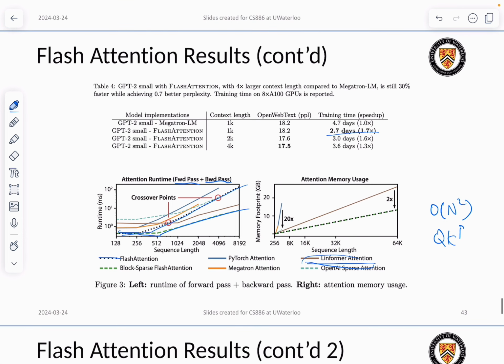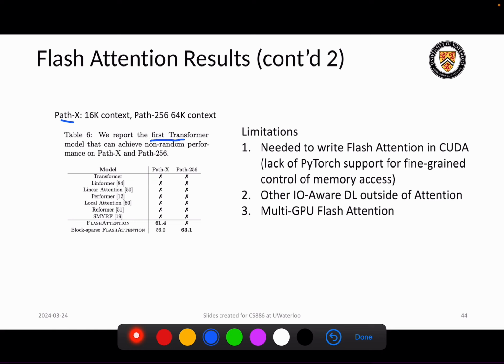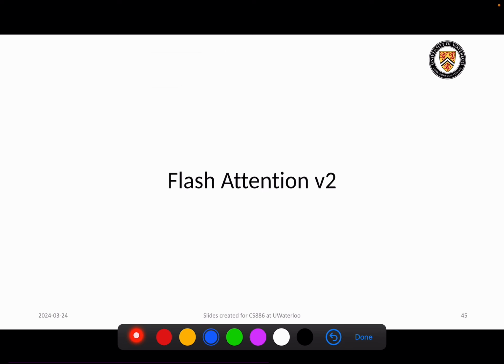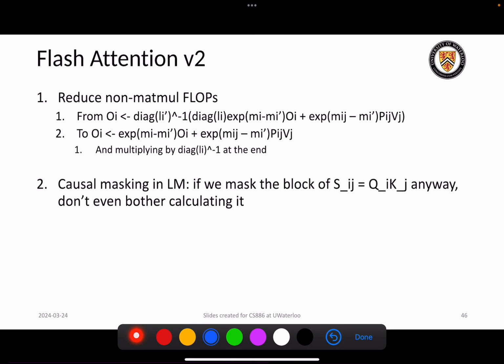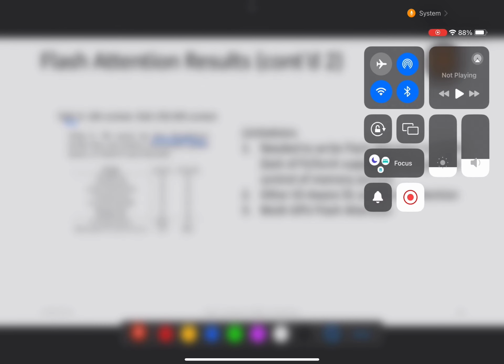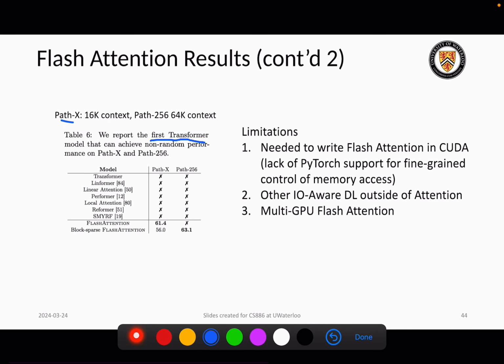Okay, so flash attention also achieves some pretty amazing results on Path-X. It achieves non-random performance on Path-X.